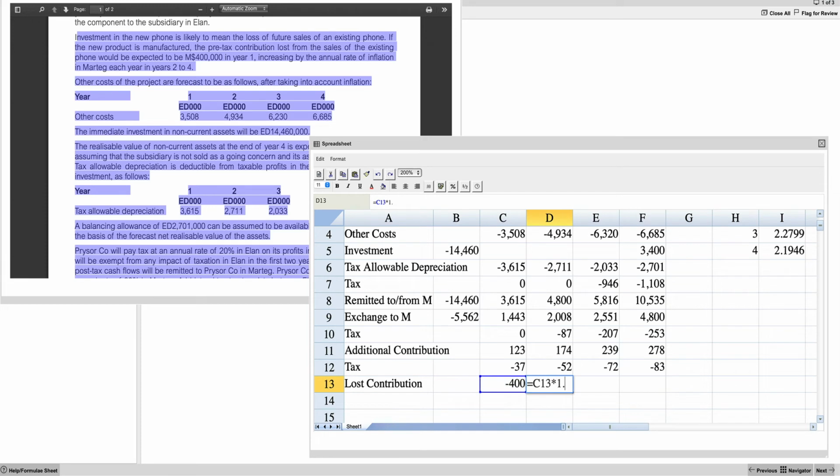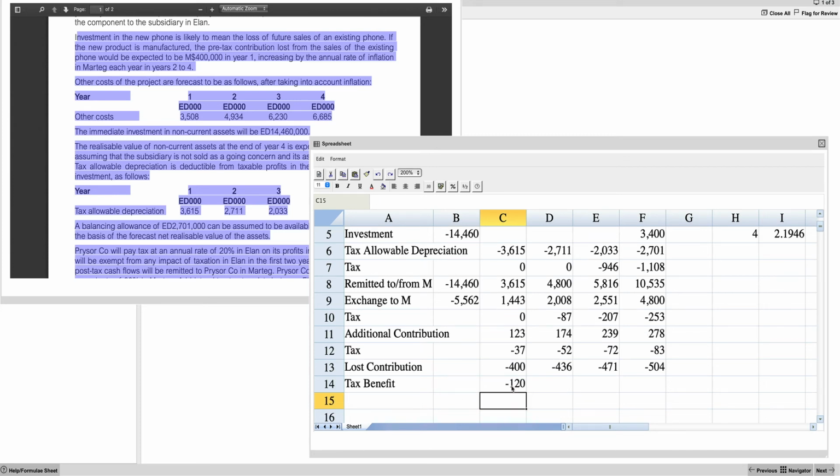That times 1.09 increased inflation. I'm just remembering the inflation rates now. That times 1.08 inflation, and that was that times 1.07. And then I'm just going to make these all up nice again, so I don't want any decimal points. And I'm done. And therefore I've got a tax benefit as well, haven't I? If I'm losing money, that's good news for me in terms of tax. So I will save that times by 30%. And then once I've done one, copy them all across.